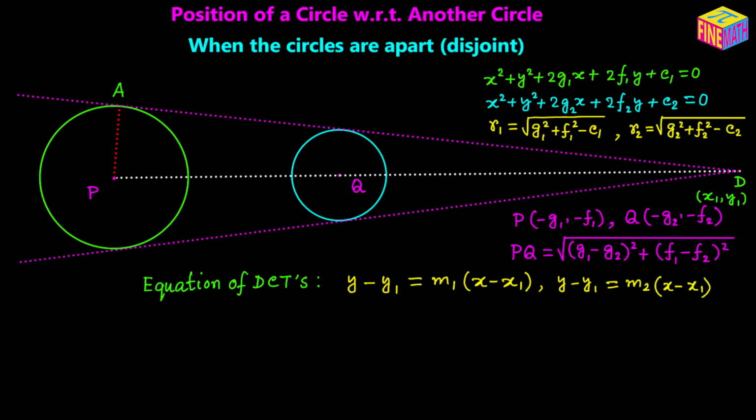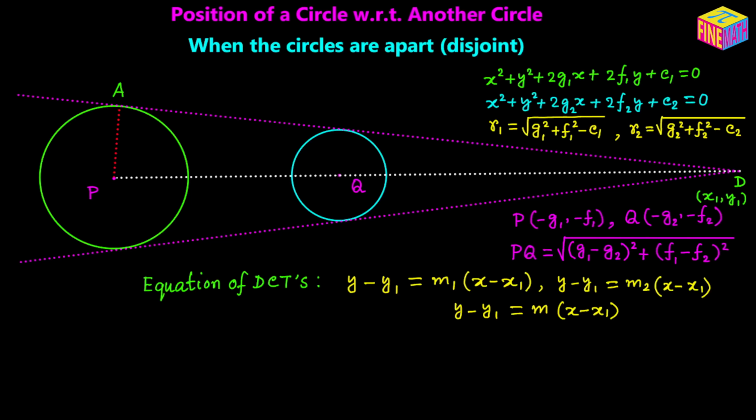So here the equations are going to be like this. Now what would be a common notation for these two equations? Well, if we simply assume the two values of m sub 1 and m sub 2 to be a combined value as m, eventually we will calculate the two possible values of m. But for now, let's assume that their slope is equal to m. Then we can write their equations as a combined equation like this, where m will have two values.